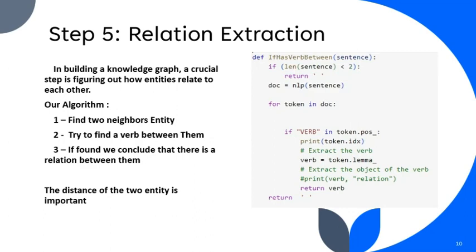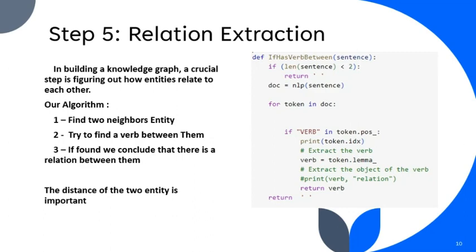This is our algorithm, and it has a parameter. The parameter is the distance between two entities. For this project, I think I said it, for example, 40 or 45.